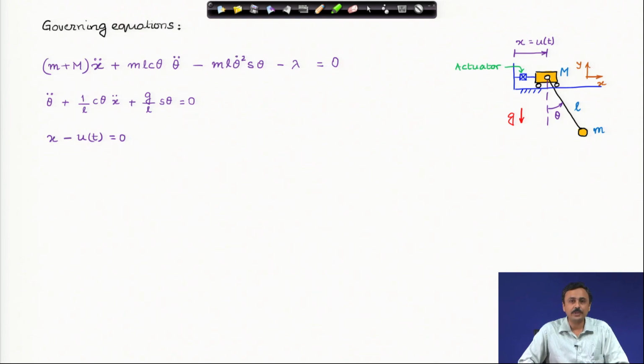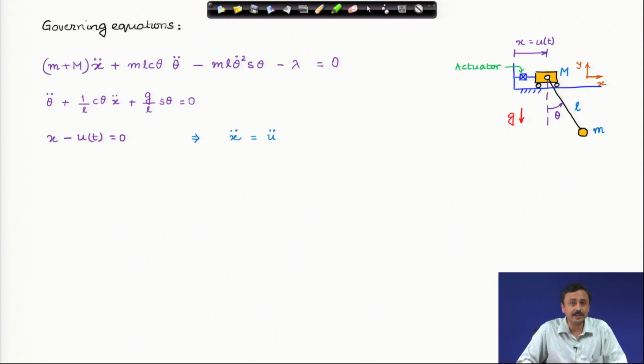Now, what do we have? We have the first equation corresponding to the x coordinate, the second equation corresponding to the theta coordinate, and our constraint. We follow the steps that we had discussed before. We differentiate the constraint, use the equations of motion.